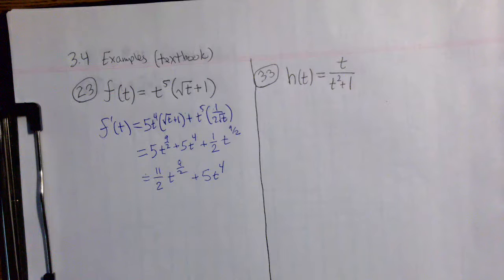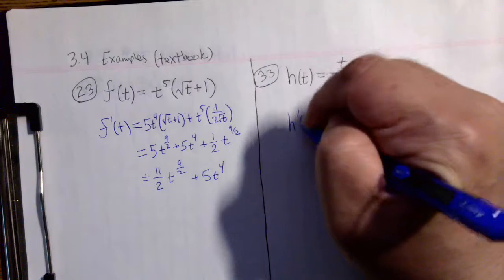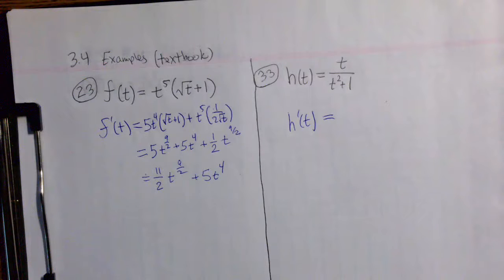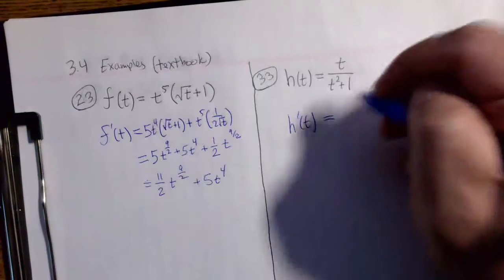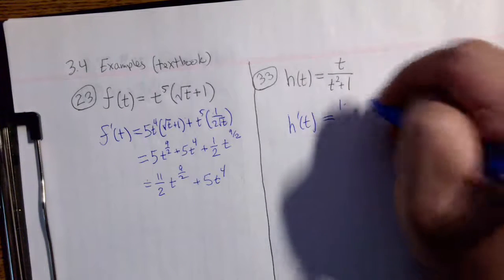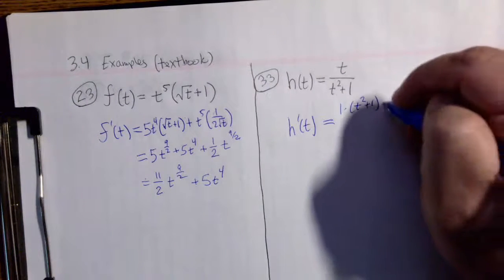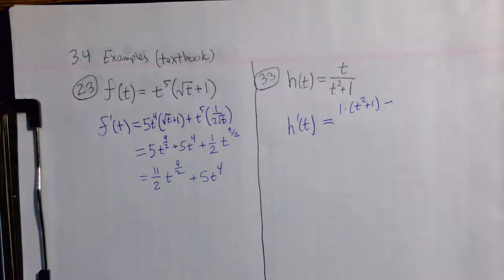Okay, quotient rule. In this case, and I'm not writing out the rule, you can certainly reference that, but we take the derivative of the numerator, multiply that by the denominator, and then we subtract and we do the opposite.